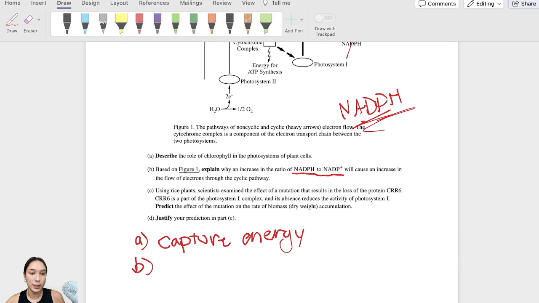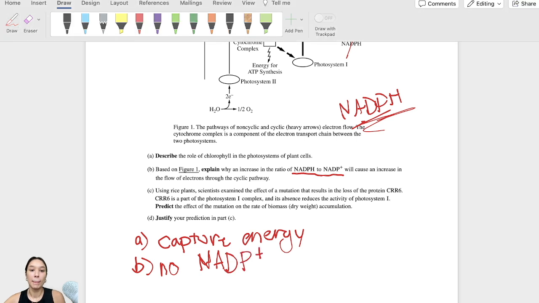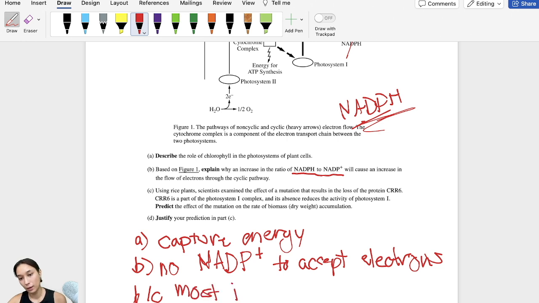So we'll write that down. It says no NADP plus to accept the electrons. So if it did accept the electrons, it would go into NADPH. But because you have none of the starting product, you can't do that. So there's no NADP plus to accept electrons because most is stored as NADPH.